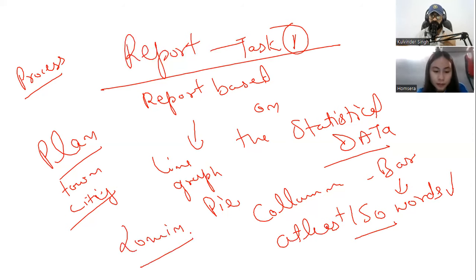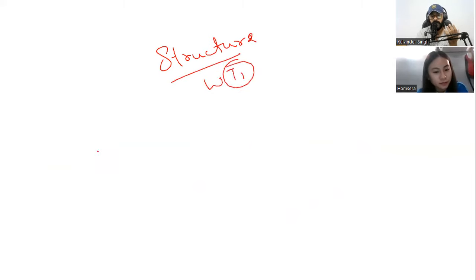Writing 150 words in 20 minutes is quite possible. Now, this report is to be written in a format as well, which I generally call the structure of writing task one. It holds the first position for introduction.